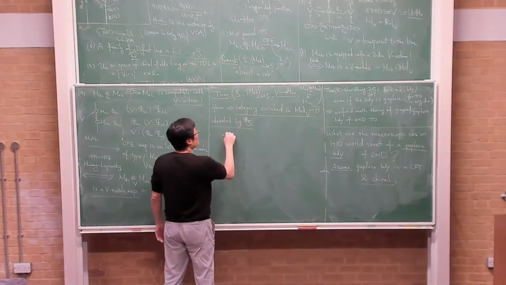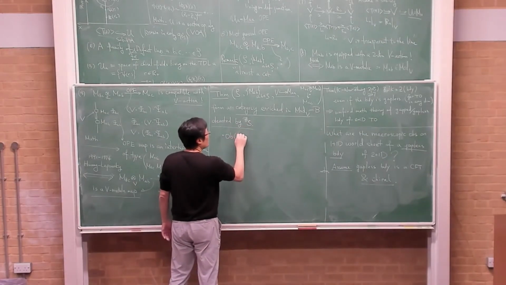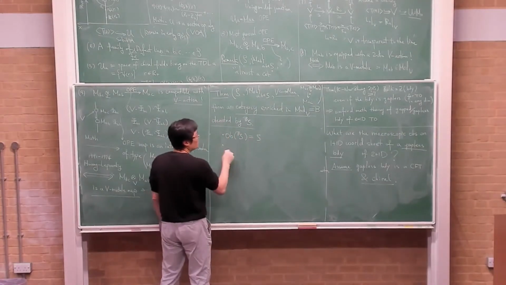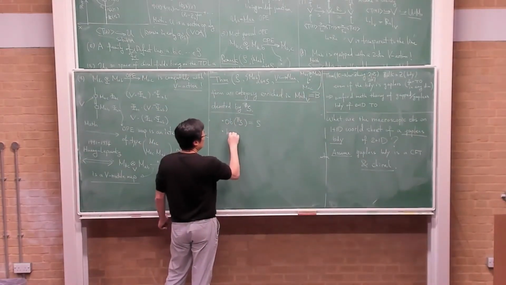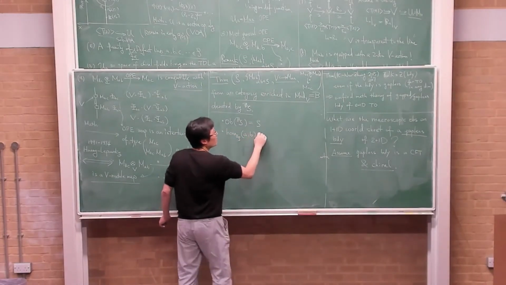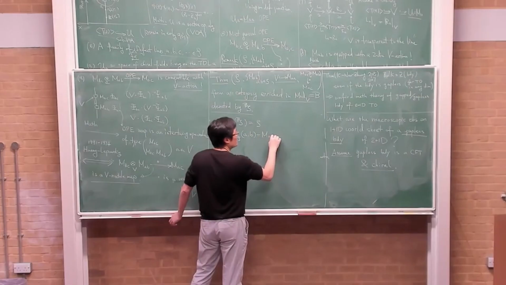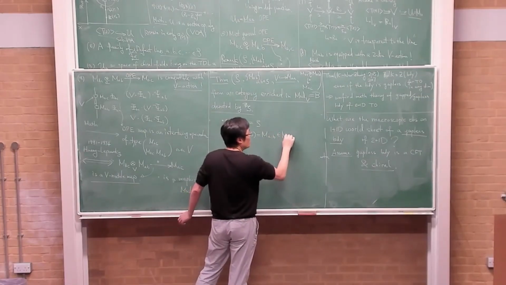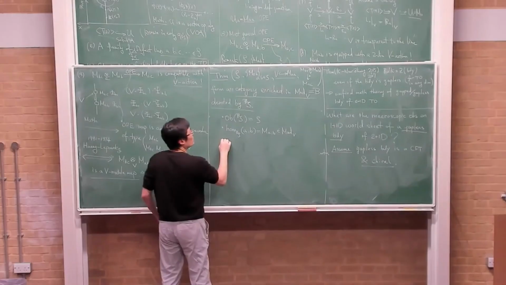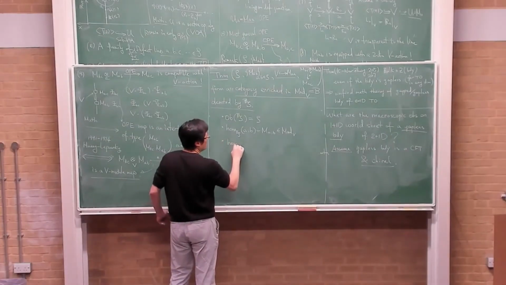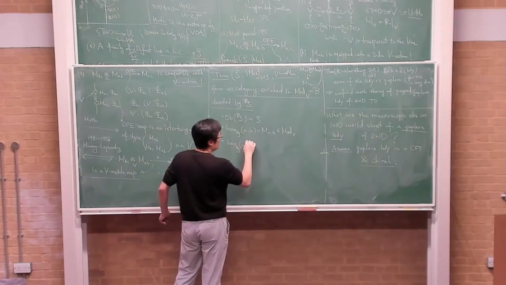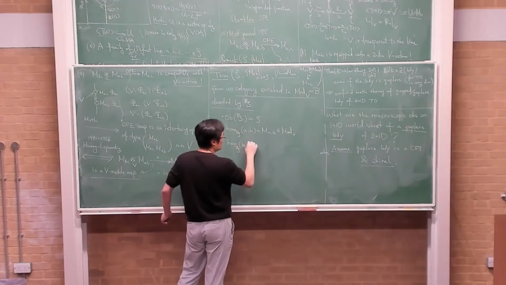So what is the data of the enriched category? It simply tells you the objects in the enriched category are just a set S. Second, the Hom space of the category is defined by MAB. But remember, MAB is an object in mod V. The third data is the composition of S, AB, BC.